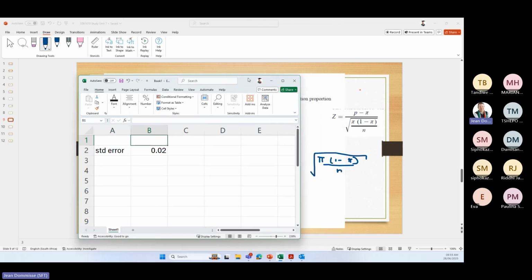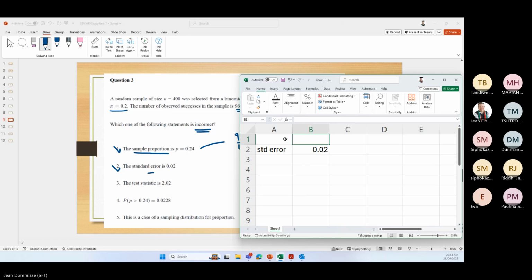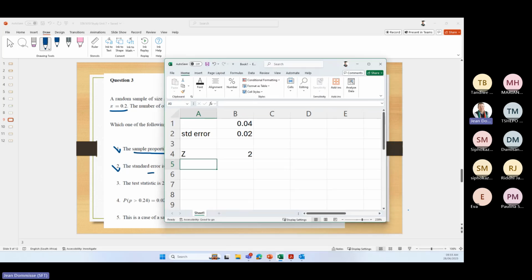So the sample proportion was 0.24. The actual was 0.2. So if we divide those two by one another, we will get the Z. Okay, the Z is 2.